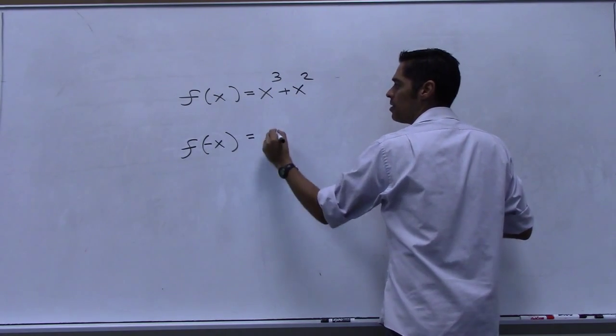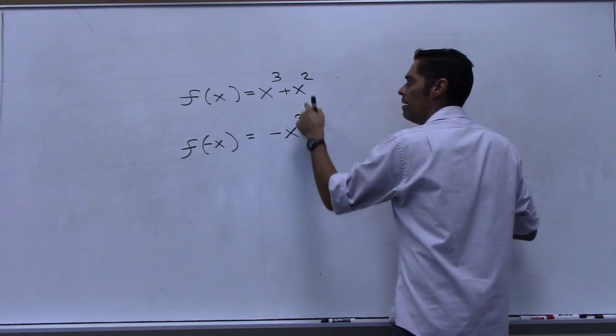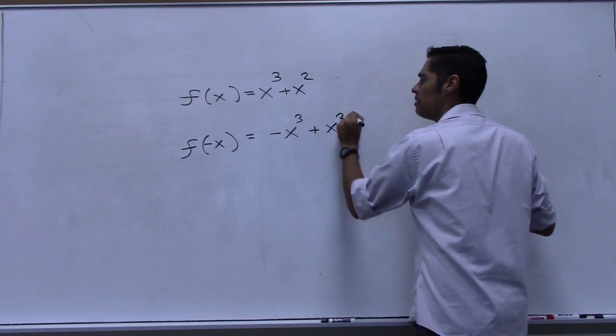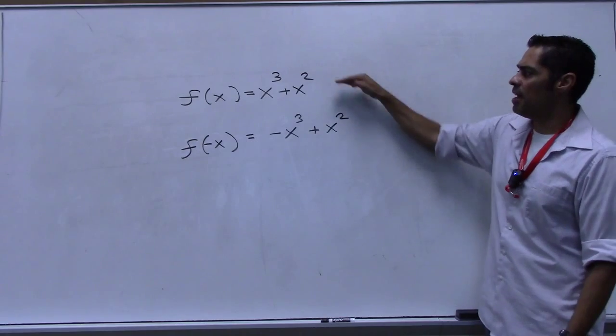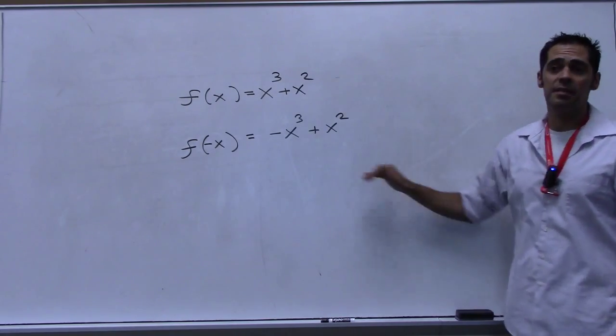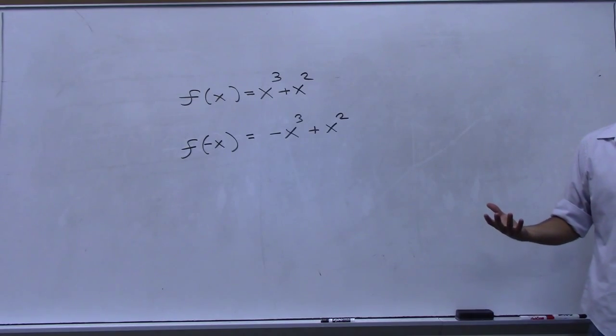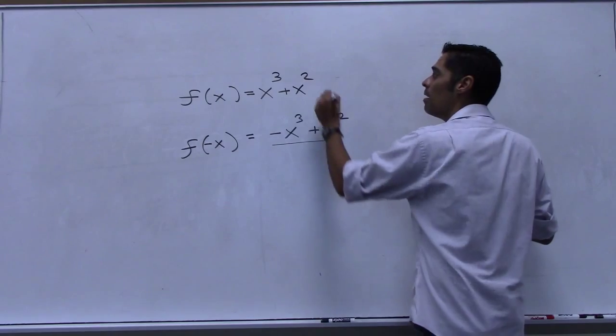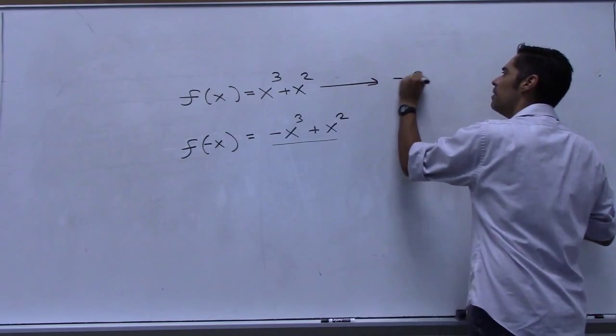Negative x cubed would still be negative x cubed, right? Would it matter here if I plugged a negative in here? No, so that would be still this? Are these two the same? So it's not even, right? These would have to be the same for it to be even. So now, since we can say it's not even, let's look at this and compare it to this one with the negative in front of it.